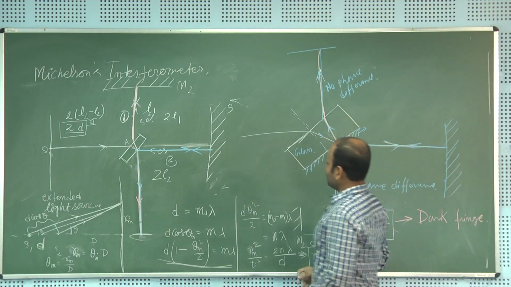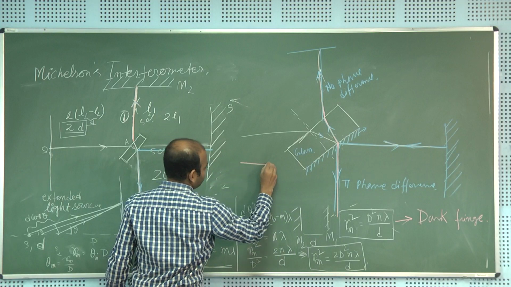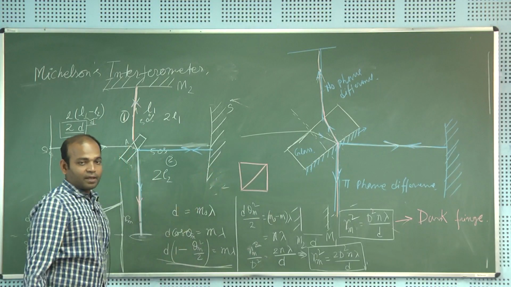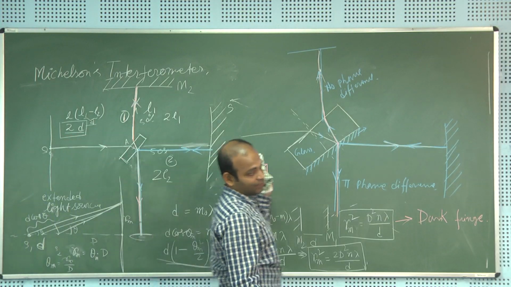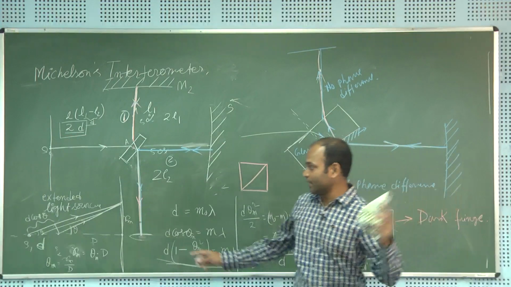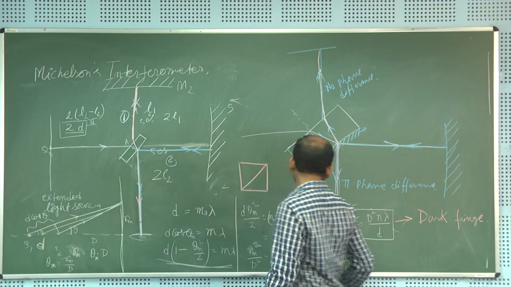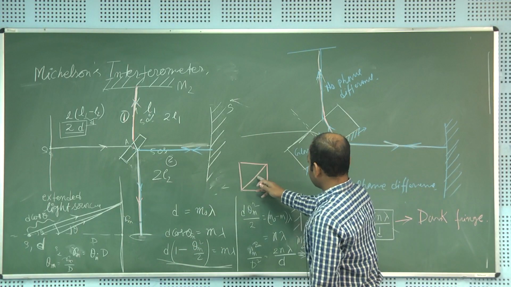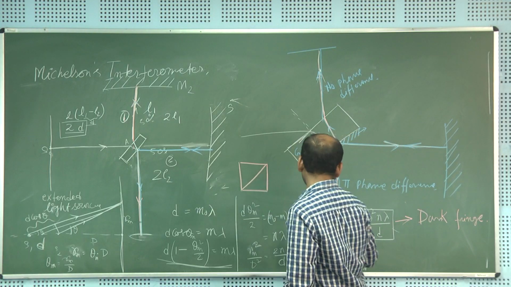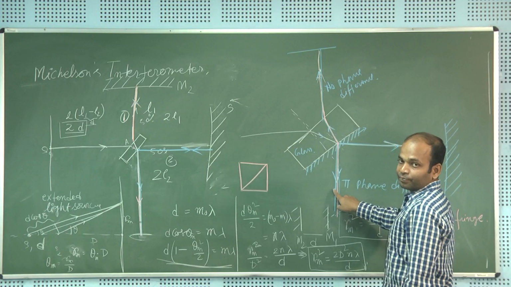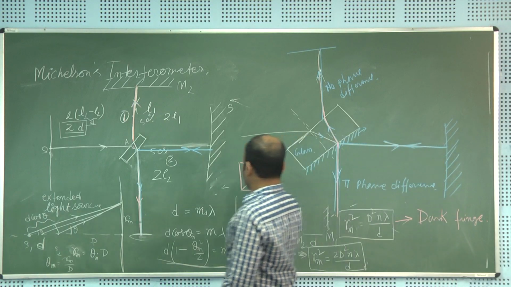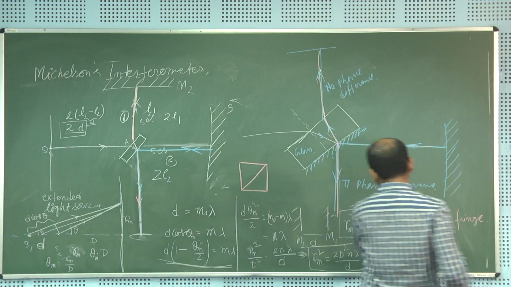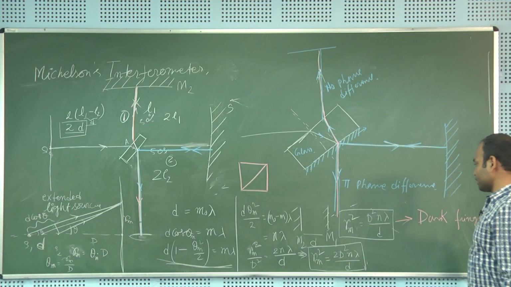If we use a different kind of beam splitter like this, a cube beam splitter, then you would not have that. So you basically come back to the same condition as your earlier case. So there again you will not have the phase difference of pi between these two rays. If I replace this beam splitter with this, then the condition of dark and condition of bright would be different.